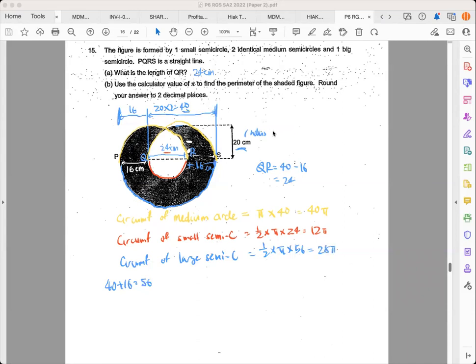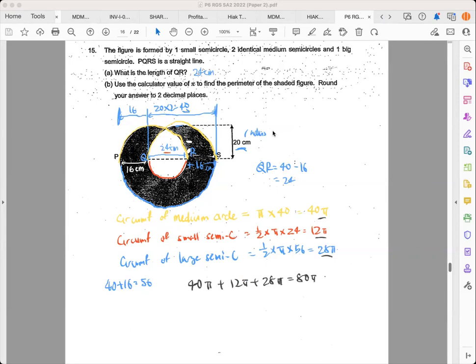So the perimeter of the shaded region will be 40 pi, which is this, plus 12 pi, plus 28 pi. And the answer is 80 pi.